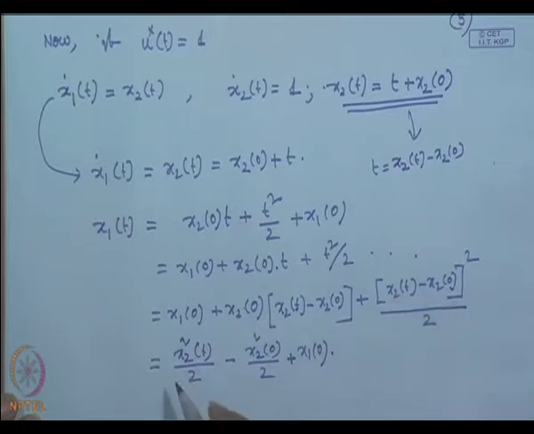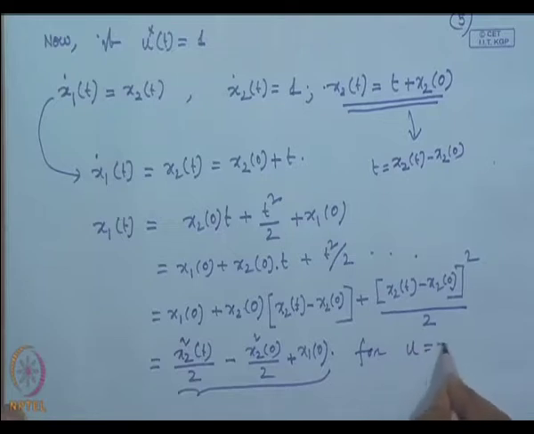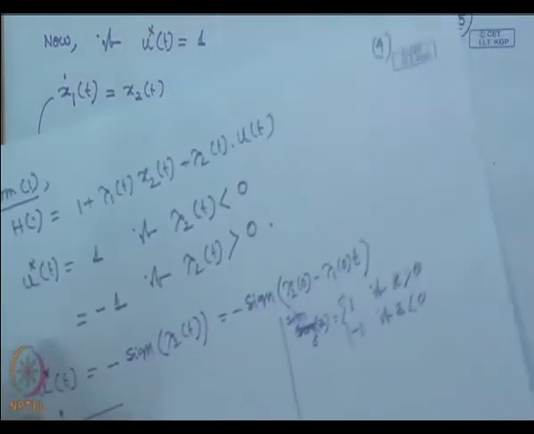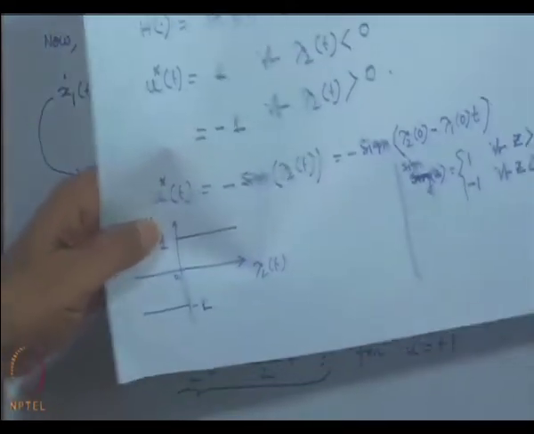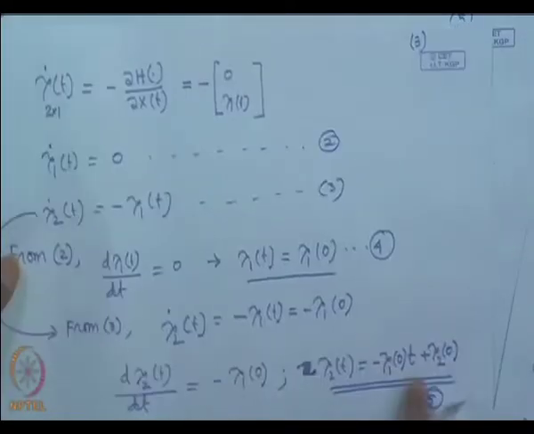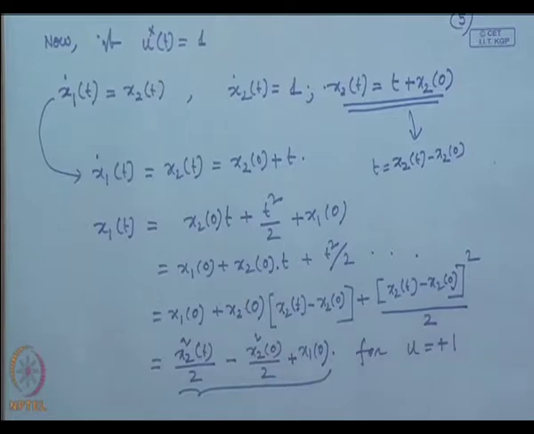So, that will be cancelled out. So, ultimately we will get this expression after simplifying: x 2 square by 2 minus x 2 0 square by 2 and x 1 of 0 for u is equal to plus 1, positive. Let us call this equation, what equation have we come across, up to 5, the last equation is up to 5. So, let us call this equation number 6.